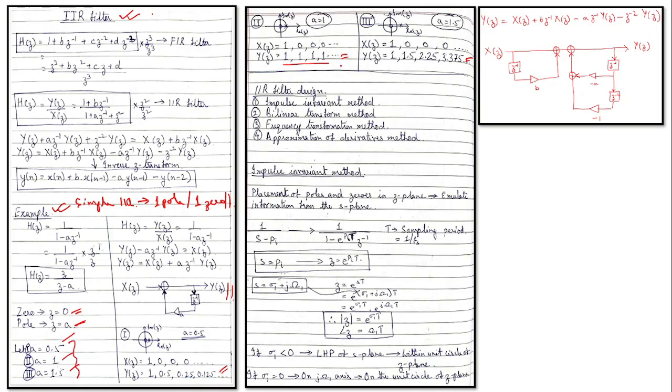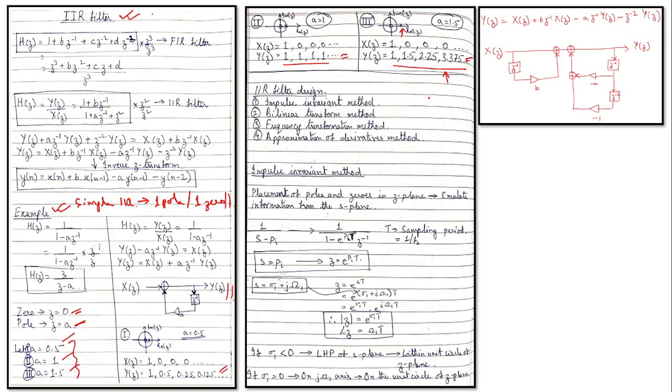In the last case, when the pole was outside the unit circle, there was an increase in the amplitude response, and as time tends to infinity the amplitude would have become infinite. So that means the filter system would have become unstable in nature.